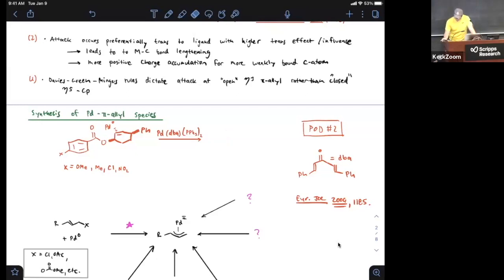I have a little hint noted there. I don't know if anyone saw that. So let's go through this quickly. We'll first predict what the product of this reaction is going to be, and then we will try to predict what the relative rates will be across this series. So what do you think, Elin?